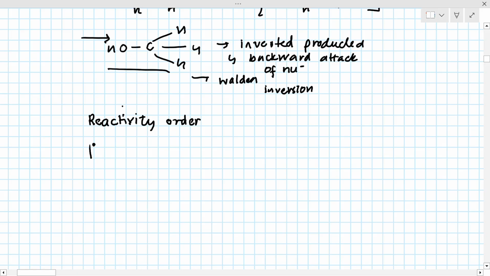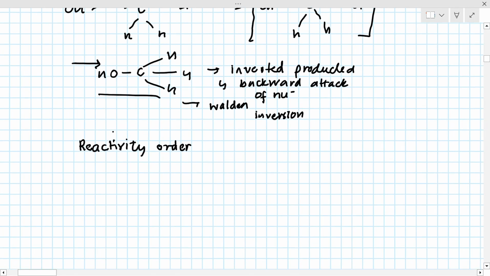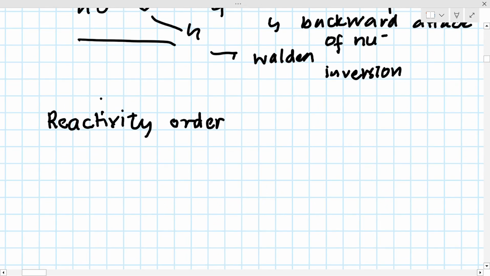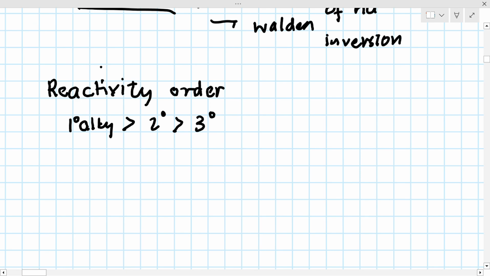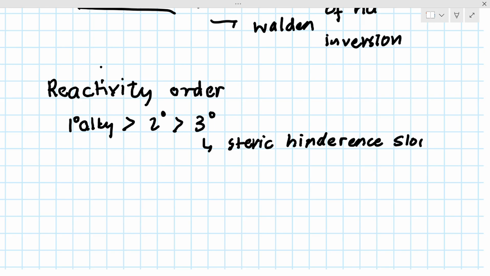For the reactivity order, the primary alkyl group reacts more than the secondary alkyl group, and then tertiary. Why is this opposite to the SN1 mechanism? It is because steric hindrance slows down the reaction.